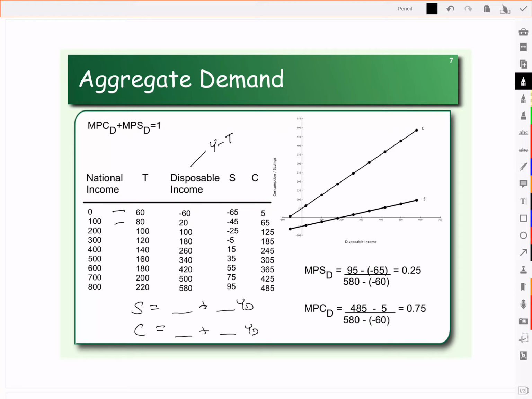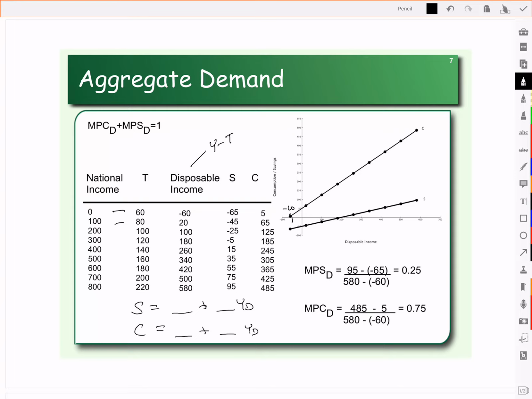So to do this, we could actually plot our disposable income on the horizontal and our consumption and savings on the vertical. So let's take a moment and let's do that. Okay, so notice we're not starting at 0 here. We're now starting at a negative 60.